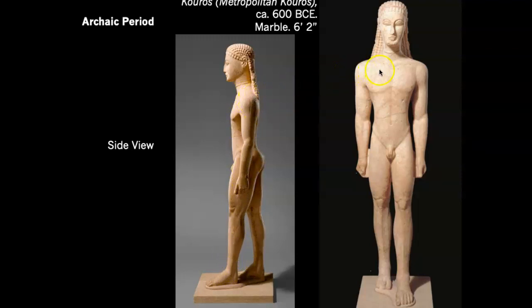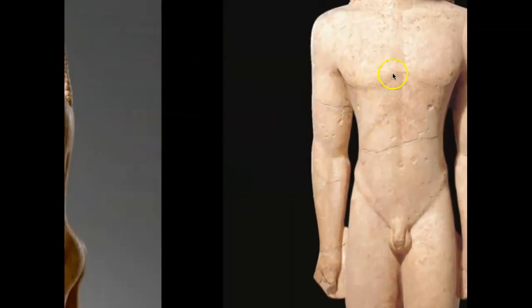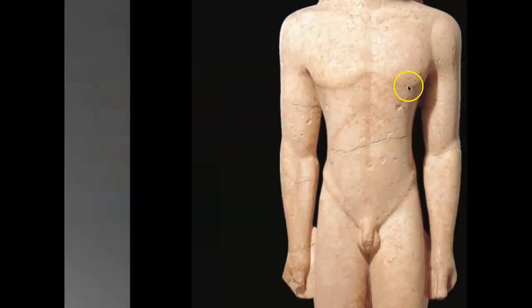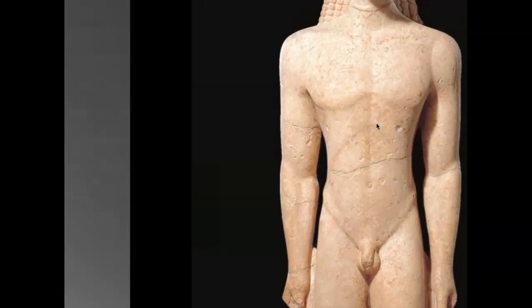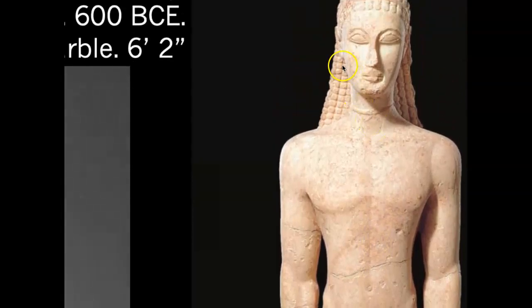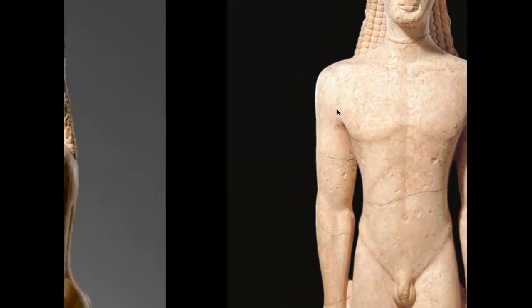He still has been reduced to simple planes of triangles and ovals, but there is a better sense of mass in those arms. The artist is starting to carve the marble rather than carve into it with lines to give us the pecs and the abs. The hair, the neck, much better proportions.